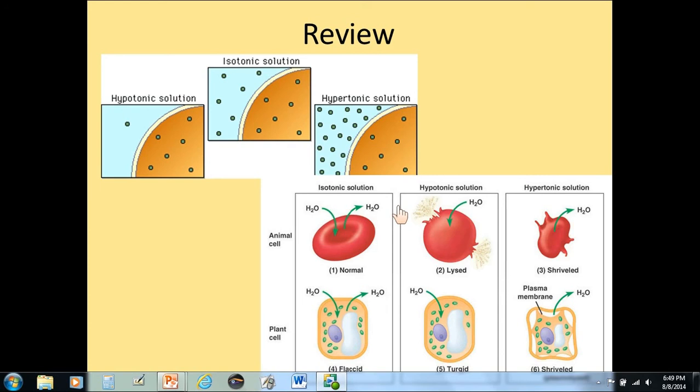Hypotonic, the water flows in and the blood cell will actually burst. If it flows into the plant cell, it will become turgid or very firm. Hypertonic, water flows out and both the animal cell and the plant cell will shrivel up.